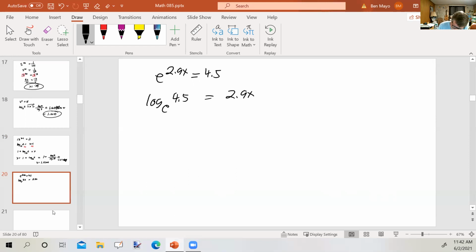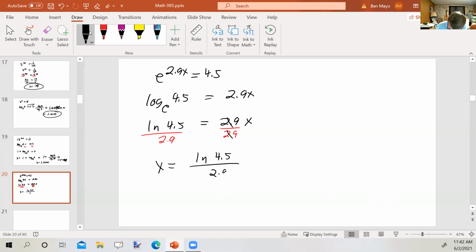But log base e is natural log. So natural log of 4.5 equals 2.9x. I'm going to divide both sides by 2.9. So x equals the natural log of 4.5 over 2.9. Calculator time, natural log of 4.5, close it up, divided by 2.9.